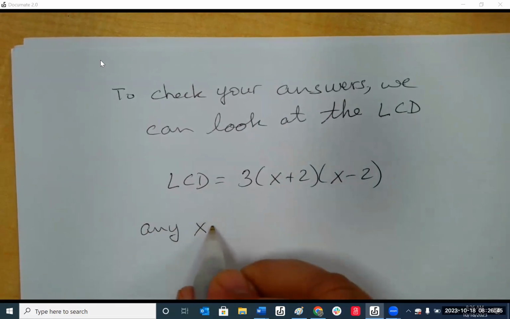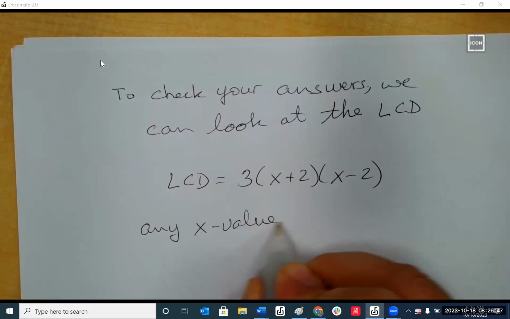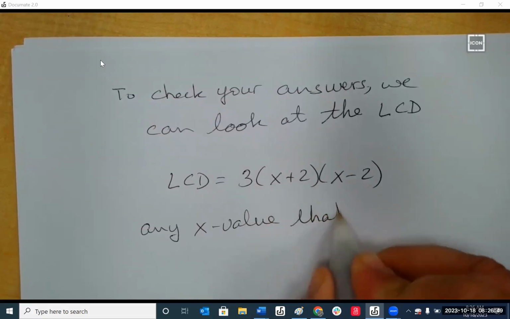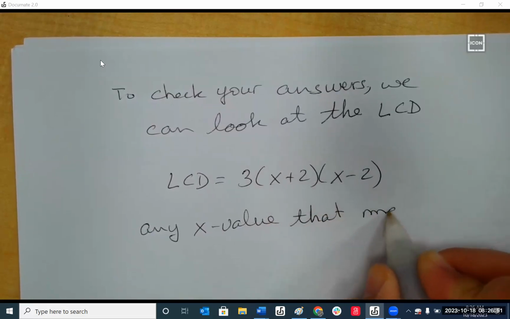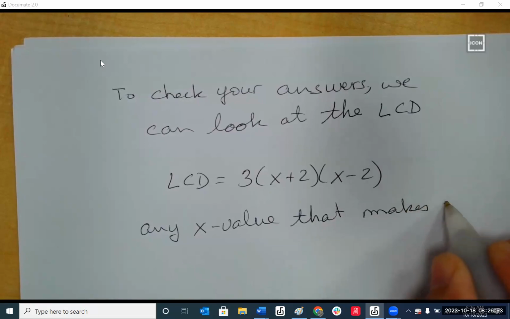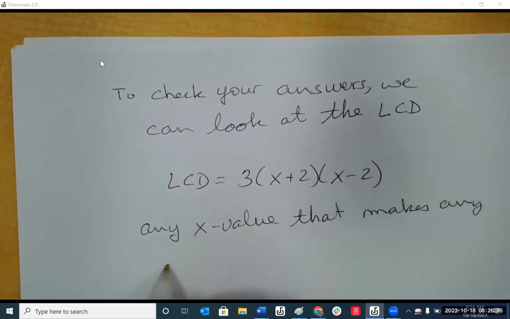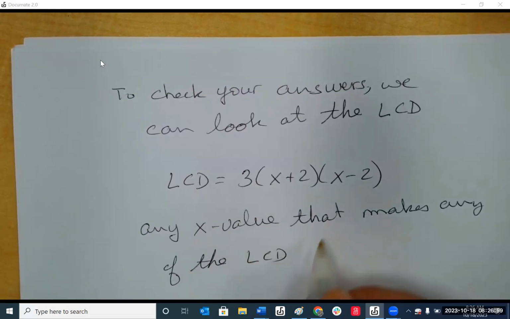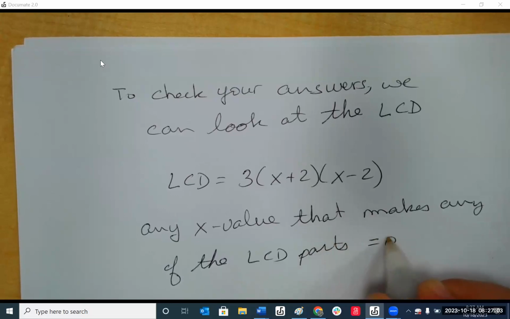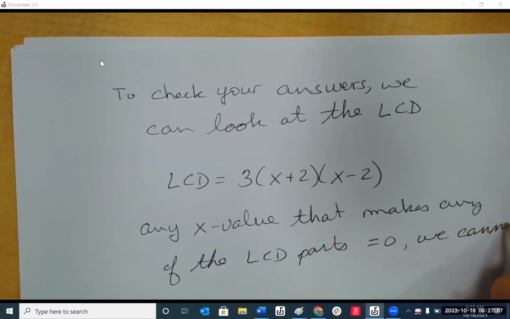Any x value that makes any of the LCD parts equal 0, we cannot use.